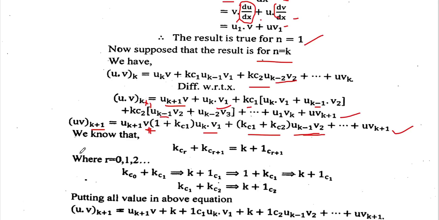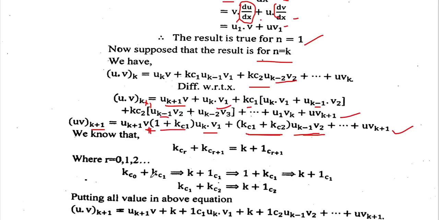So we know we will find the terms 1 plus kC1 and kC1 plus kC2. We know the result kCr plus kC(r+1) is written as (k+1)C(r+1).